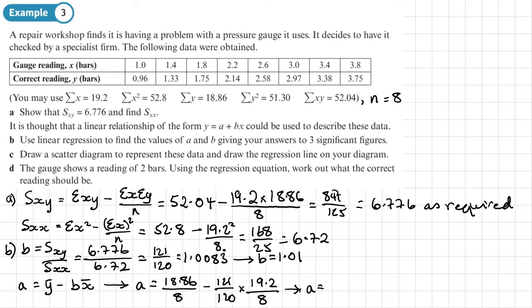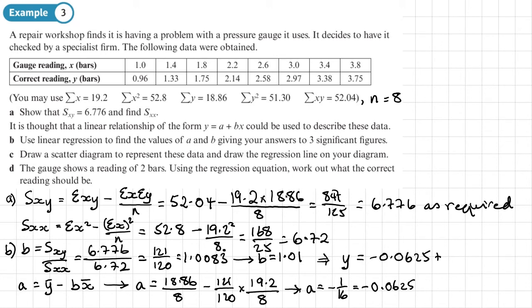So we'll calculate a. That gives us a equals negative 1 over 16, and that's negative 0.0625. That is to 3 significant figures. So we can give our regression line as y equals a, negative 0.0625, and then bx, so plus b.